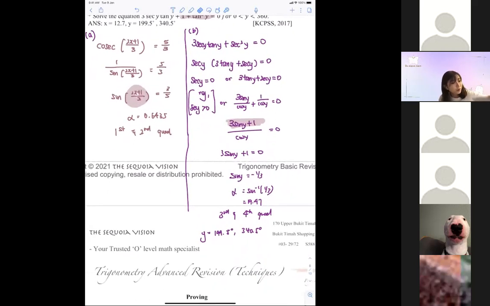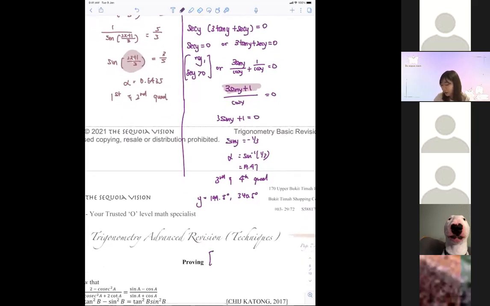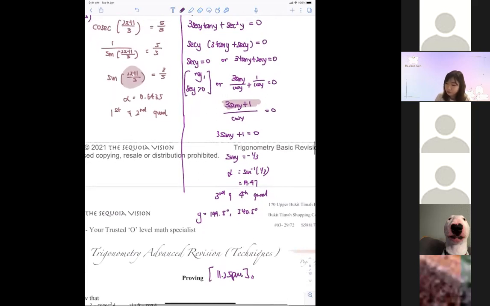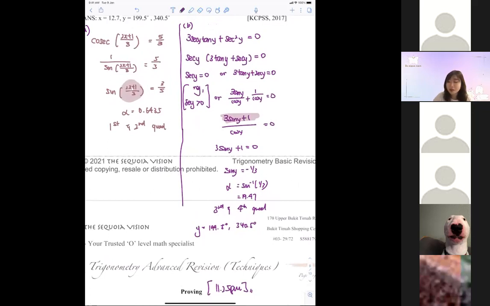Let's see how many there are. 1, 2, 3. There's 3 questions. Question 11 has 2 parts. 10 minutes. Can you solve as many as possible? When you're done solving and proving, you take a picture and send me. Everybody must try, even if it's blank, I want you to send me. By 11:25, I want to see your work, and then we go through. Do 11 and 12.